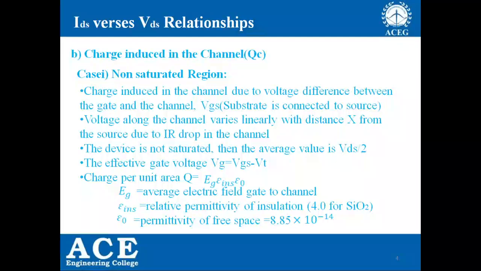So epsilon, the permittivity of this silicon dioxide layer, becomes epsilon ins into epsilon naught, where epsilon ins is the relative permittivity of the silicon dioxide layer, whose value is approximately 4.0, and epsilon naught is the permittivity of free space, whose value is 8.85 into 10 to the power of minus 14. And Eg is the applied electric field at the gate.